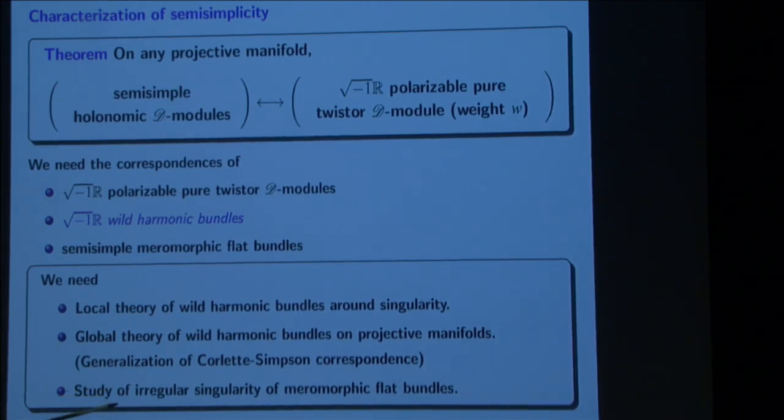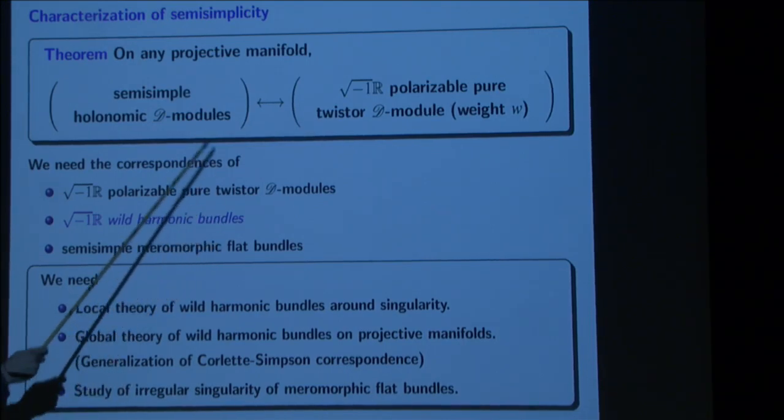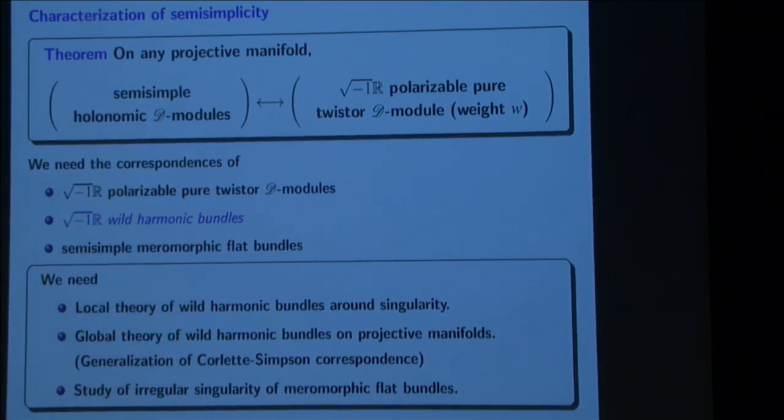So semi-simple holonomic D modules are obtained as a minimal extension of semi-simple meromorphic flat bundles on smooth subvarieties which are not closed. So we have to study singularities of these objects.